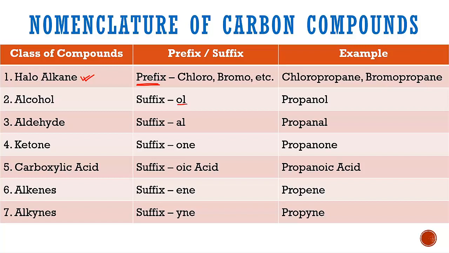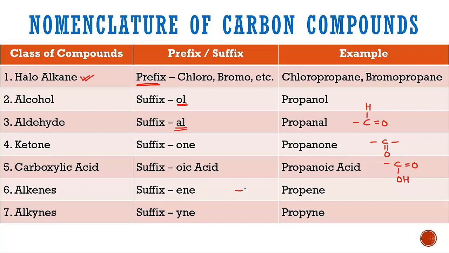For alcohols, as we have already seen, OL is attached. For aldehydes, we attach AL, and the functional group for aldehydes is C double bond O single bond H. Ketones is ONE, that we have already seen, and its functional group is C double bond O. Carboxylic acid is oic acid, so the functional group is C double bond O, single bond OH, and this forms carboxylic acids.